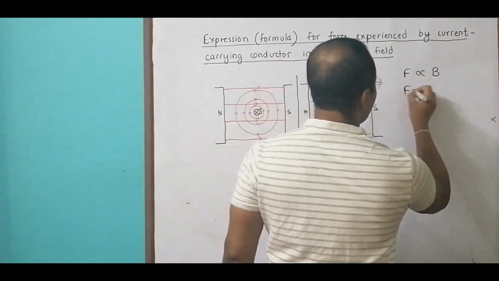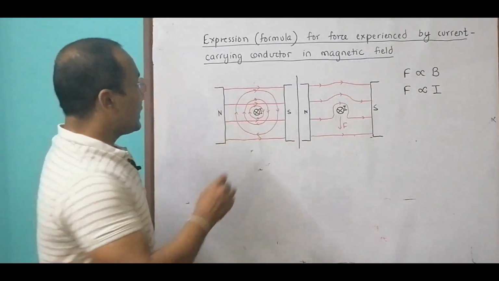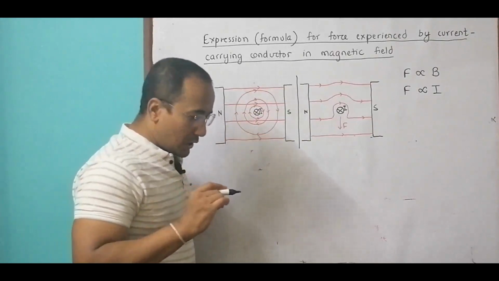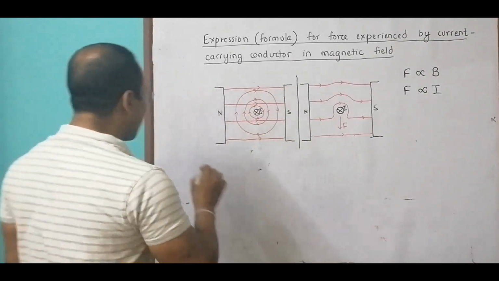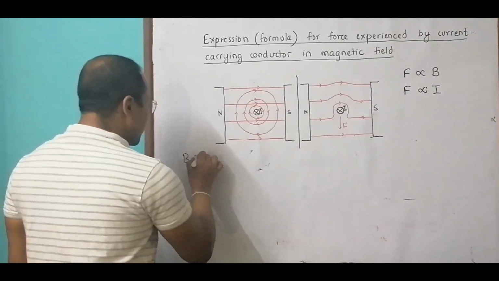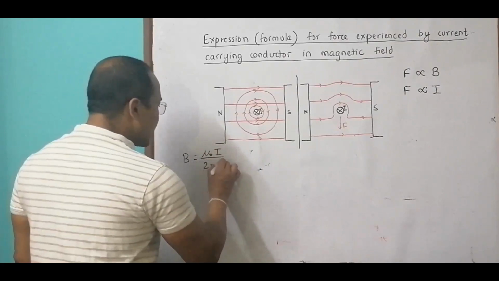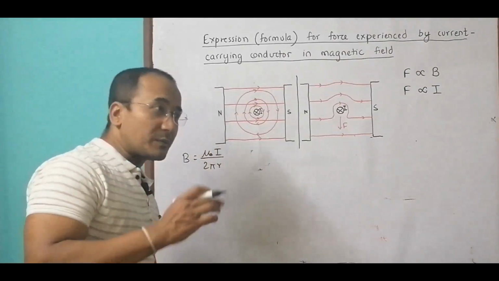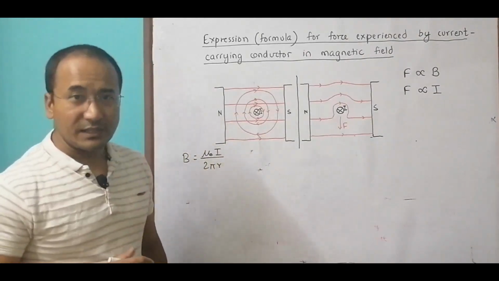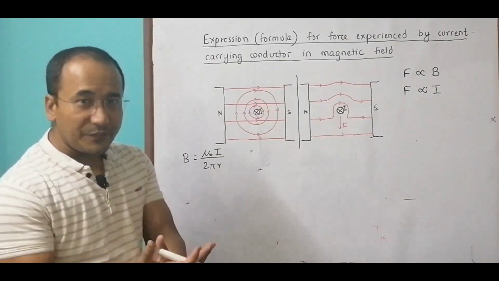Next, the force depends directly on the amount of current, because the conductor's own magnetic field depends on it. If we go through the exact formula, the value of B due to a straight line conductor is equal to mu naught I by 2 pi r, where r is the distance from the wire, and mu naught is the magnetic permeability, a universal constant, often associated with the permittivity and the speed of light in vacuum.